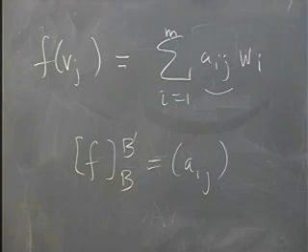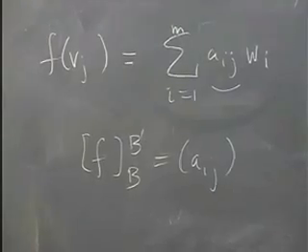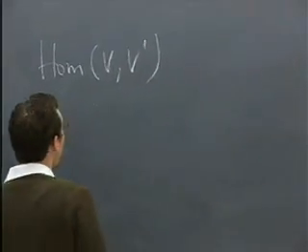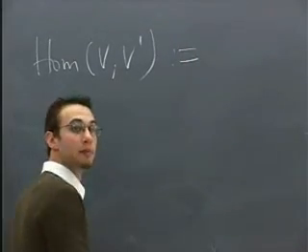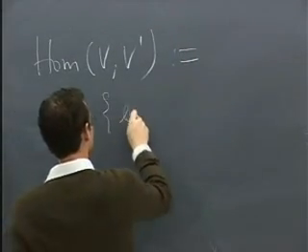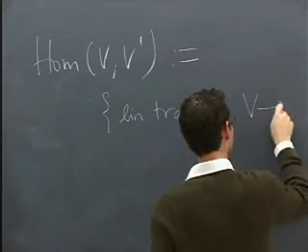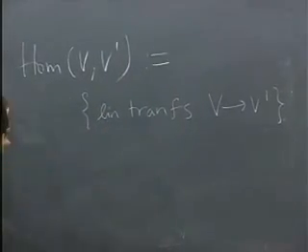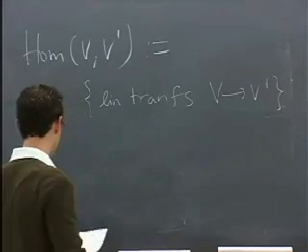And again, let's just summarize this first of all. This thing sets up a very, very nice correspondence. This thing allows us to say that Hom(V, V prime), by which I mean the set of linear transformations from V to V prime, has a vector space structure on it, and that's something we're going to see in a minute.